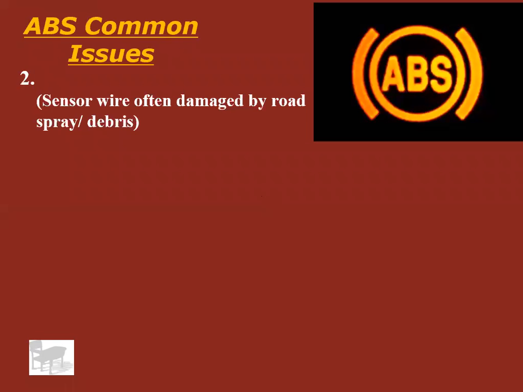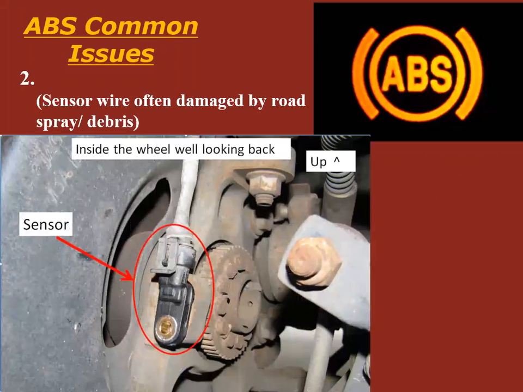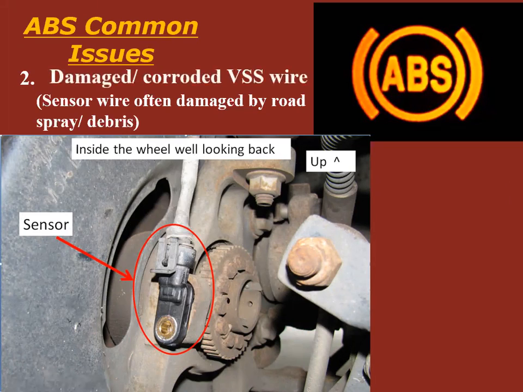Next most common thing, I would argue: let's think about it. Your ABS wheel speed sensor is just hanging right out here in the open. There's your connector. You're driving down the road, and it's going to get hit by salt, snow, slush, sticks if you go off-roading. You guessed it, a damaged or corroded wire. That's probably your number 2 most common cause.